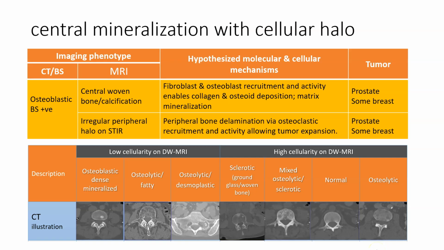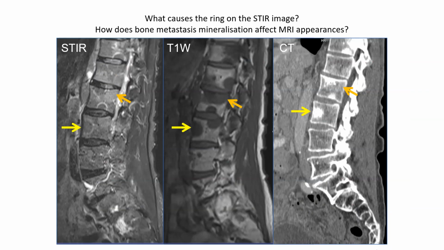The last pattern that I want to discuss is the metastasis with a cellular ring or halo. And here is an example. This patient has metastatic prostate cancer, and what you notice are a number of rings around metastases that you can see on a STIR sequence.